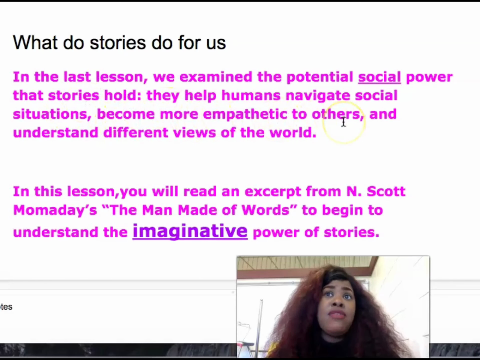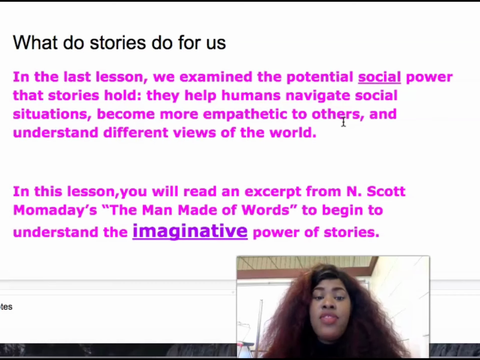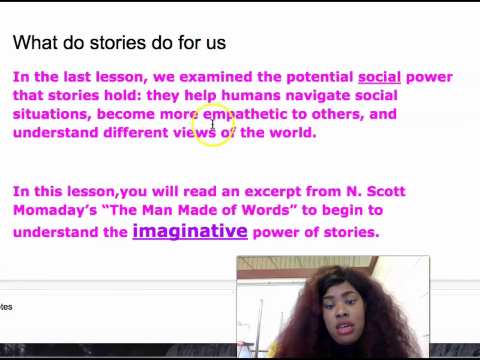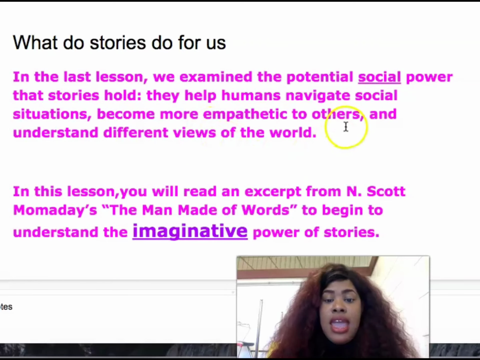Maybe if I read an article about children getting sick in a particular part of the world, and it explains why those children are getting sick, that might make me more empathetic towards that group of people. We also talked about how stories help us understand different views of the world, because not everyone looks at the world the same.